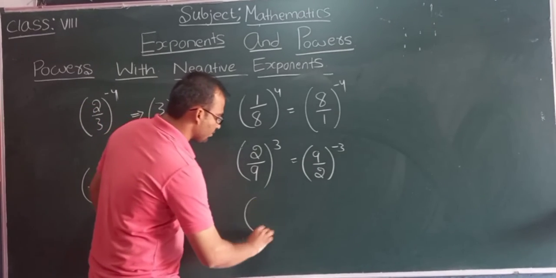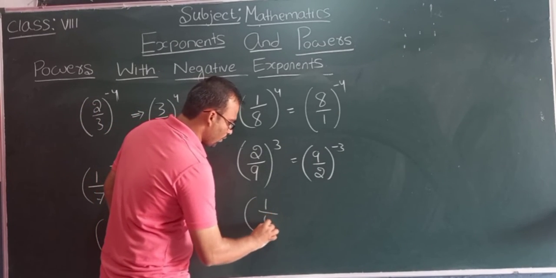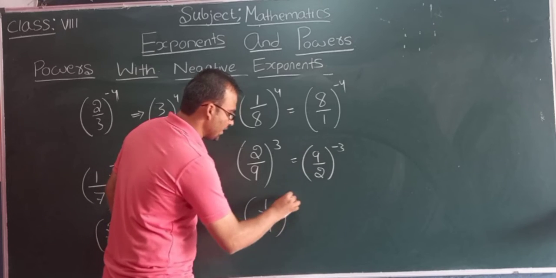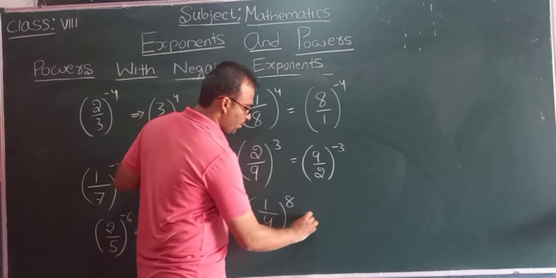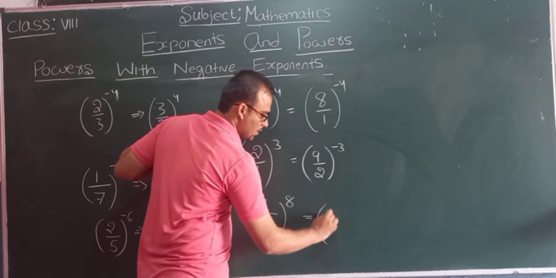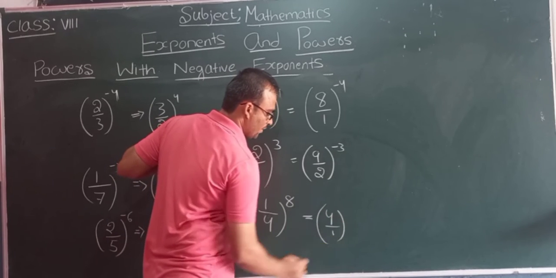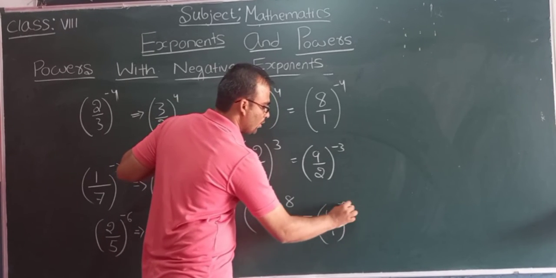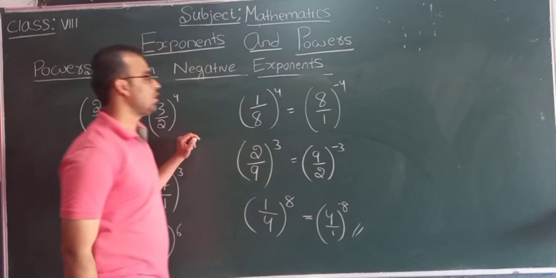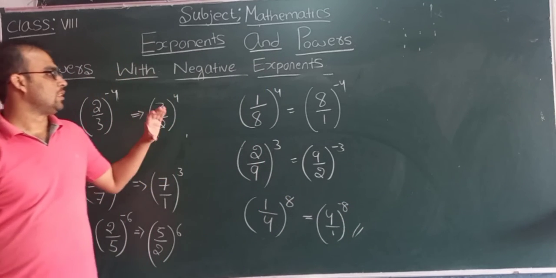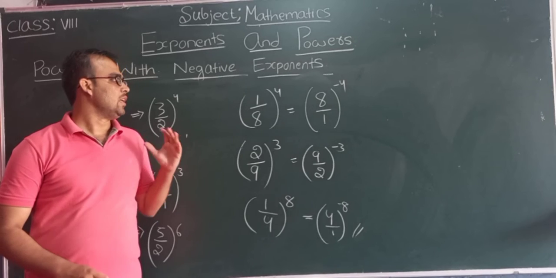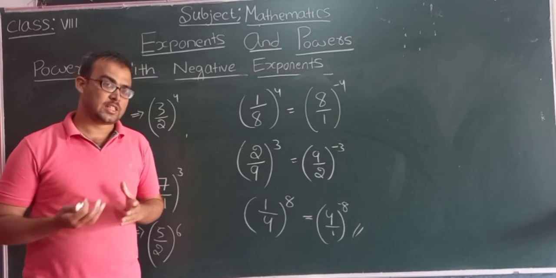Or 1 by 4 to the power 8 is there. If you reciprocal the base, that is 4 by 1 whole to the power, it will become negative power. So this is how the sign of the exponential number can be changed if you reciprocal the base.